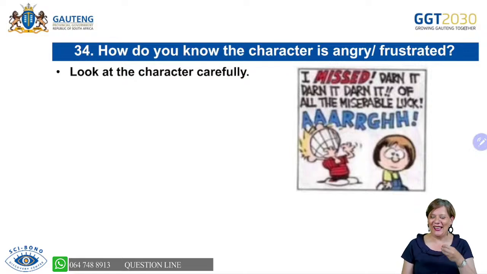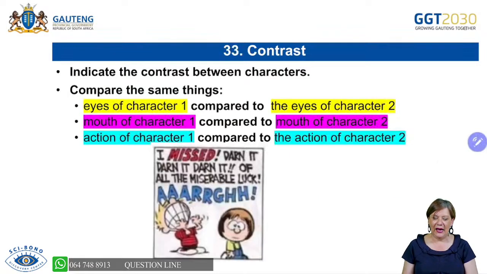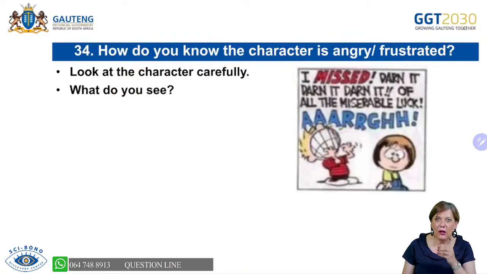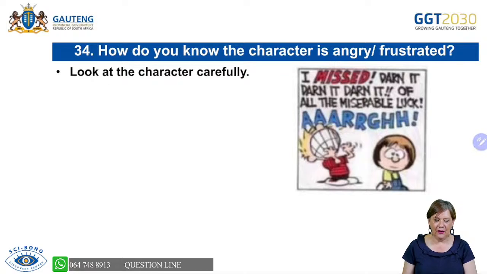So another question we like to ask you, I'm giving you all the tips here, is how do you know a character is angry and frustrated? Now, we might refer you to the visual clues or the verbal clues. So let's focus on the visual clues here. And again, this is where you have to tell me exactly what you see.